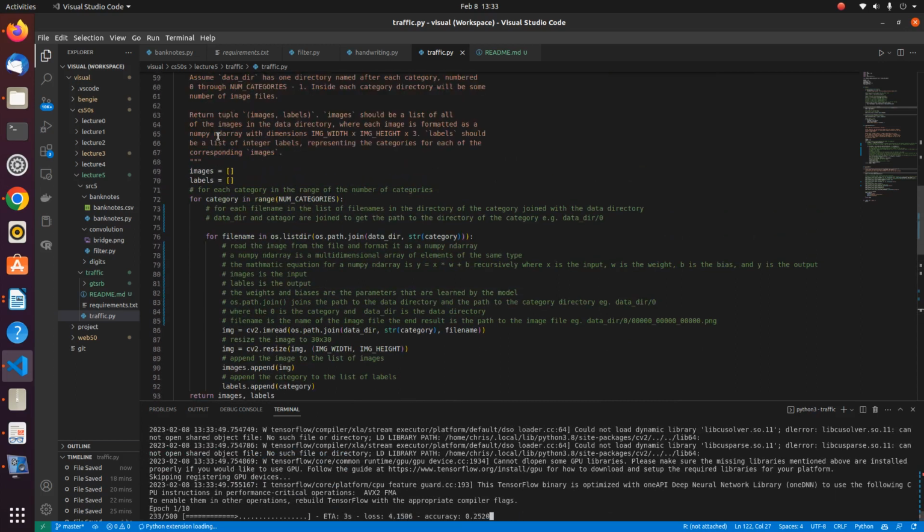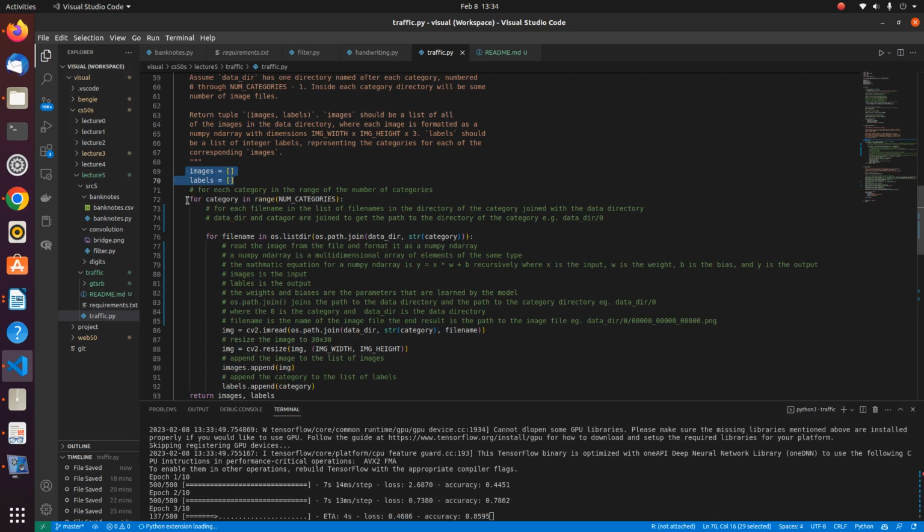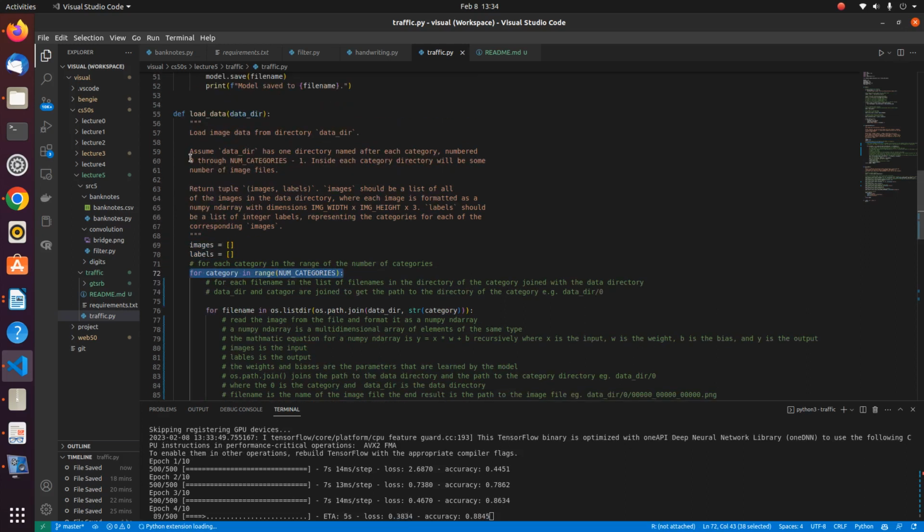So up here we're going to return a tuple of images and labels. They're both lists here, and we're going to iterate through the number of categories, 0 through number of categories, right here.